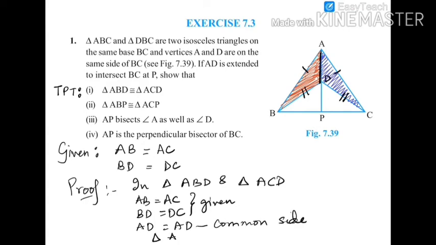So we can say triangle ABD is congruent to triangle ACD by side, side, side.